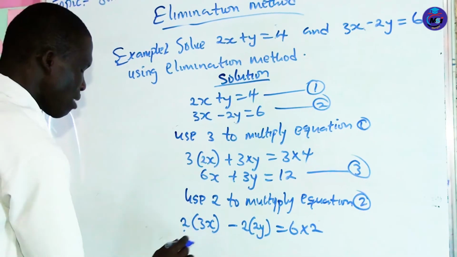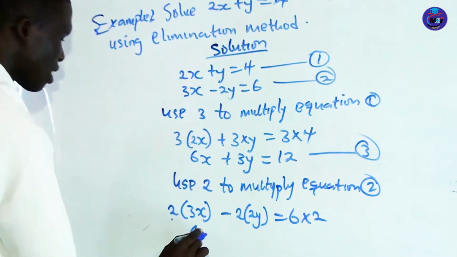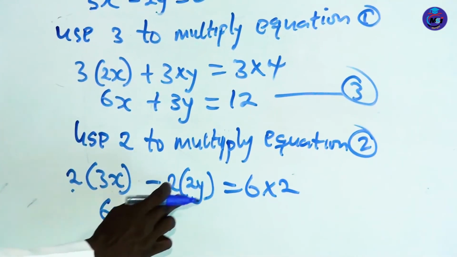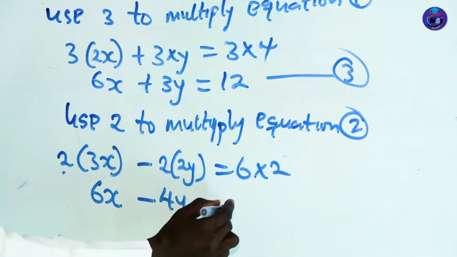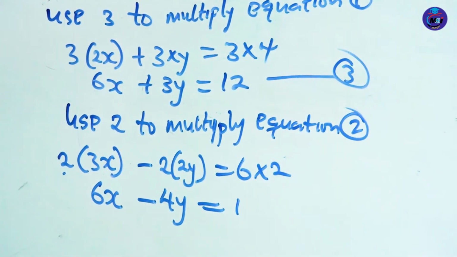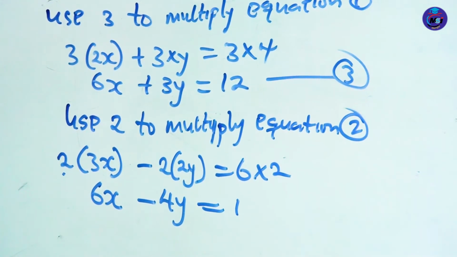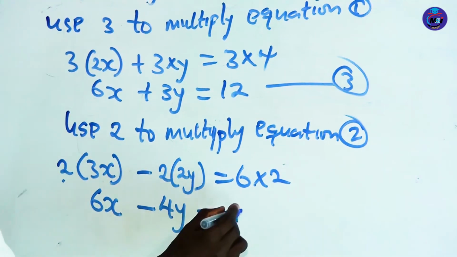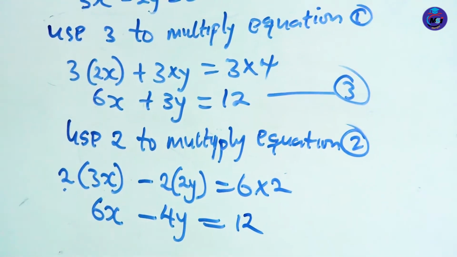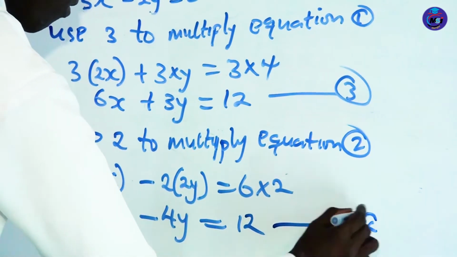Okay? 2 times 3 will give us 6x. 2 times 2 will give us 4y. 6 times 2 will give us what? 10, right? Okay. Is it 10? No, it's 12. It's 12.